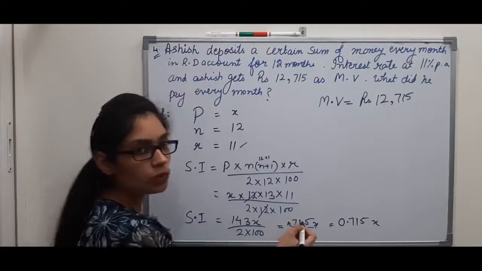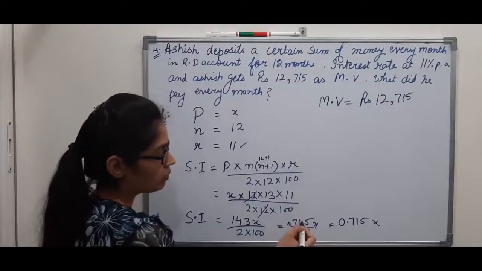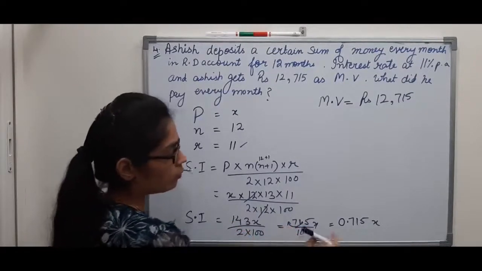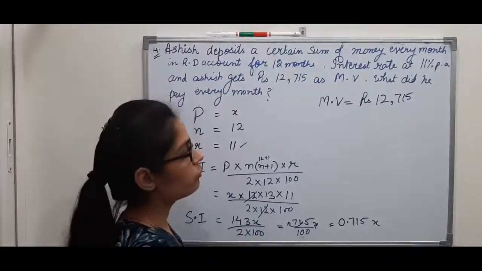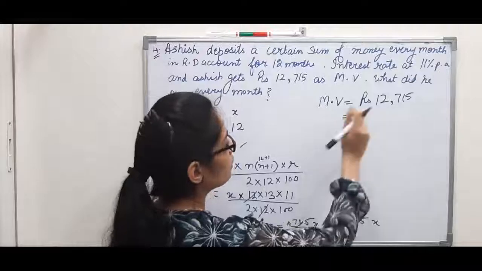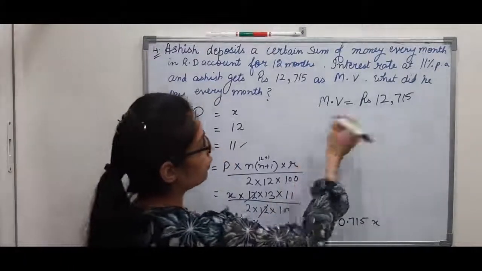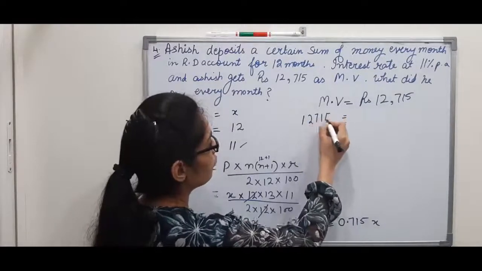See, here the decimal was already there. So 2 digits I left, 7 and 1. So from here to here I shifted the decimal and finished my denominator. So simple interest, I got 0.715x. Now since I have already got the value of maturity value, I will write that as it is, 12,715.